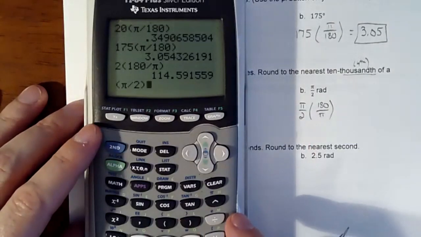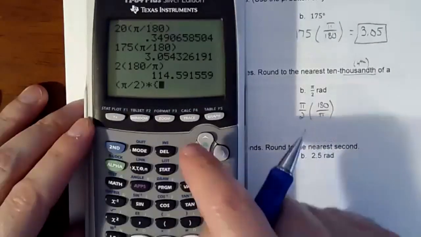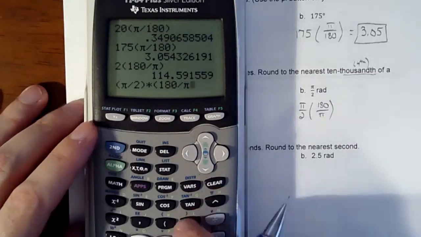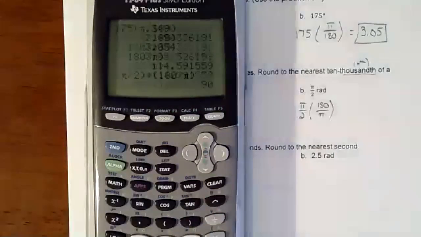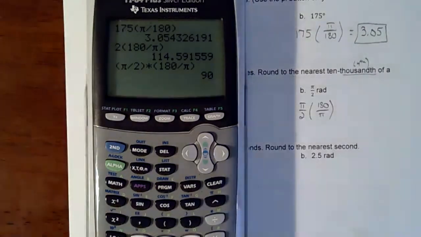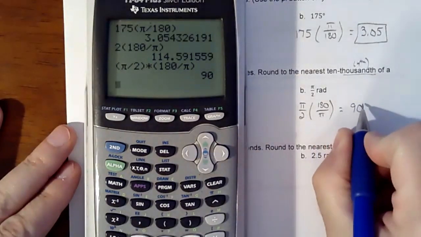So there's my fraction times my other fraction. So 180 divided by pi. All right, so that gets us 90 degrees.